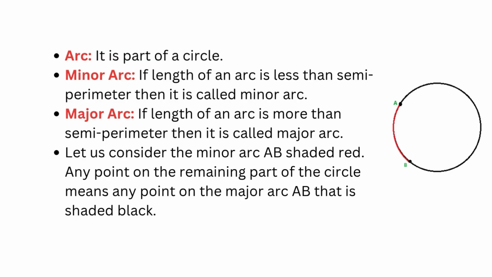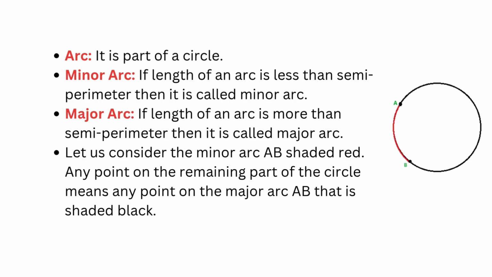So students, you must know the definition of minor arc. If the length of an arc is less than the semi-perimeter, then it is called a minor arc. Students, I hope you know what is semi-perimeter. It is half of the perimeter, and you know the perimeter of a circle is the length of the boundary, and the formula to find the perimeter of a circle is 2 pi r.